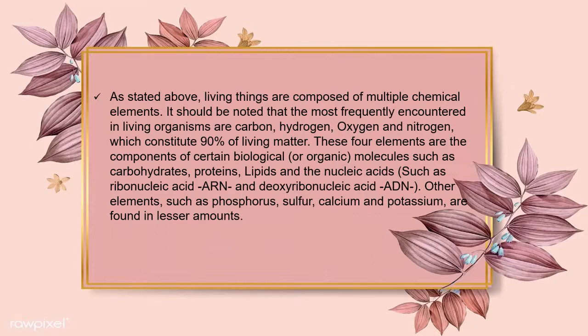These four elements are the components of certain biological or organic molecules such as carbohydrates, proteins, lipids, and nucleic acids, such as ribonucleic acid, RNA, and deoxyribonucleic acid, DNA. Other elements such as phosphorus, sulfur, calcium, and potassium are found in lesser amounts.